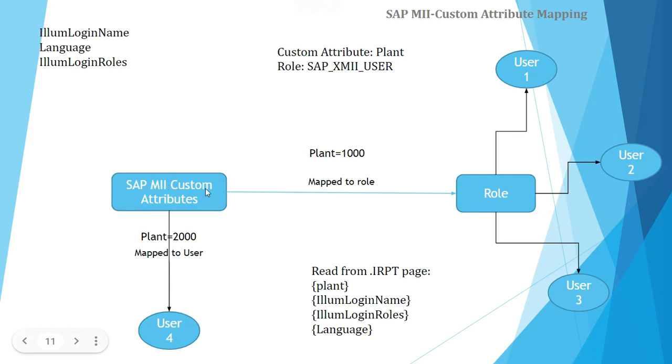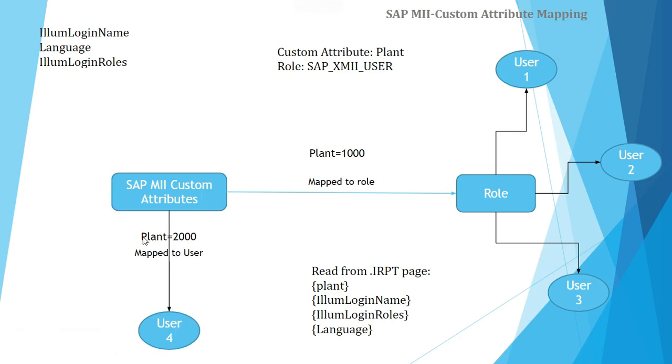Mapping a custom attribute to a user. I will show in MII how you can map a custom attribute to a user or role. Suppose you are mapping a custom attribute to a user.